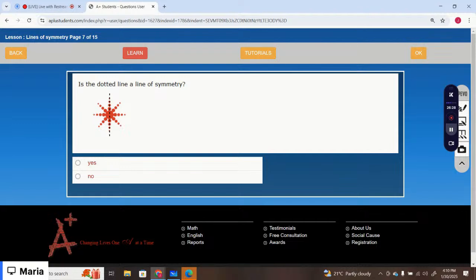Is the dotted line a line of symmetry? Yes, it is a line of symmetry. Okay, you can complete the lesson by yourself later today. Let me just move on to the next lesson.